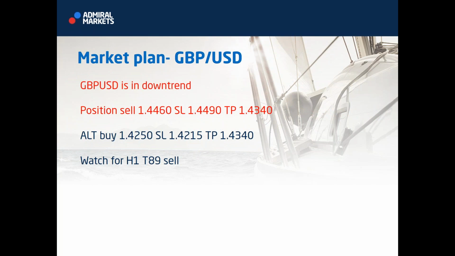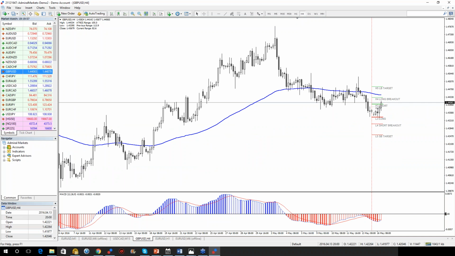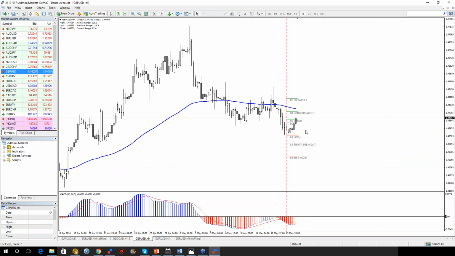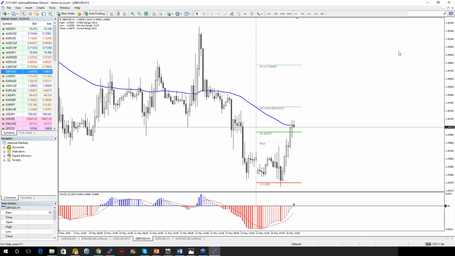This is pound dollar. Mathieu, no problems. Pound dollar is one of the possible shorts that can happen very soon. So on the 1 hour time frame, see here, pay attention to a possible T89.